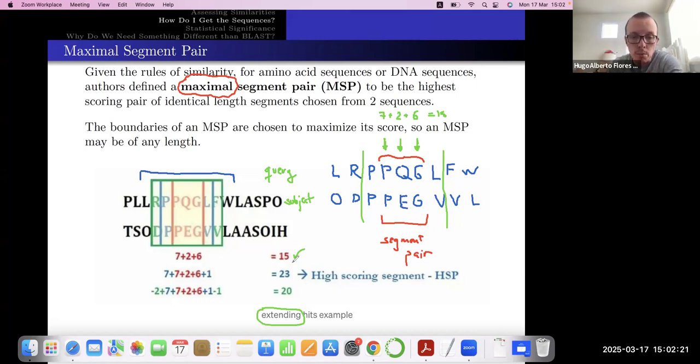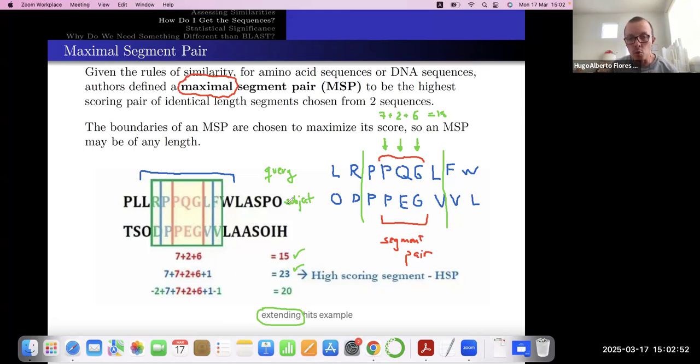What does that mean? It means that if you extend one space to the left and one space to the right, the score is increasing. Does that make sense? It's increasing to 23. Questions about that? It's the 7 from the P and the P, and 1 that you have here. So you have 15 at the very beginning, 7 is 22, and 1, 23.